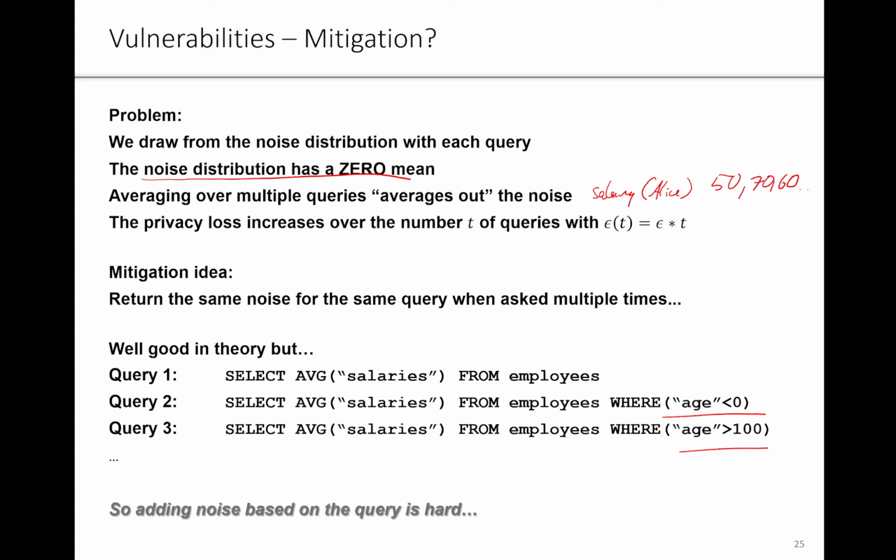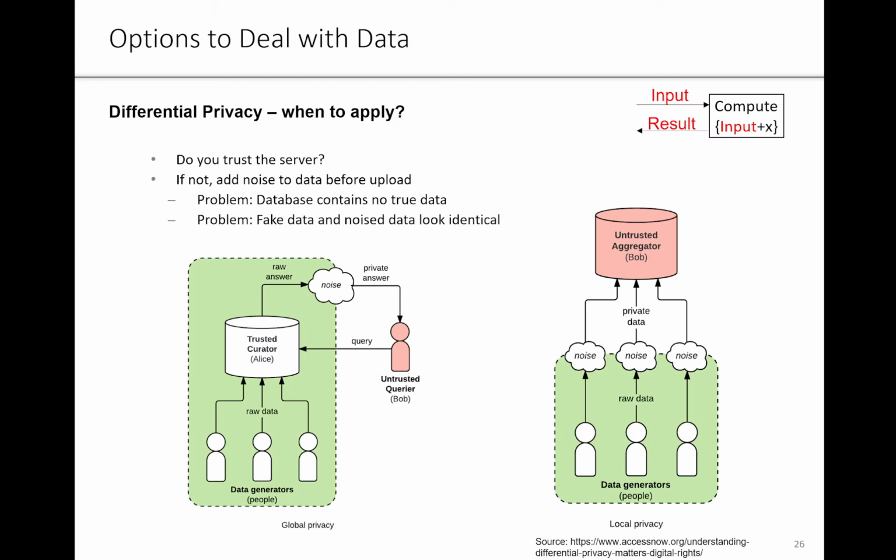So the question is, should we also add some noise if the same query is asked multiple times? Should we have some kind of history or state that recognizes someone asking for the same thing all the time, in order to avoid this? This is still an open issue.